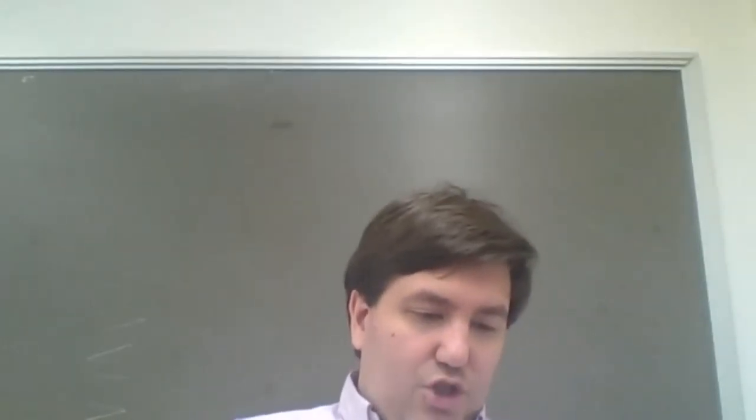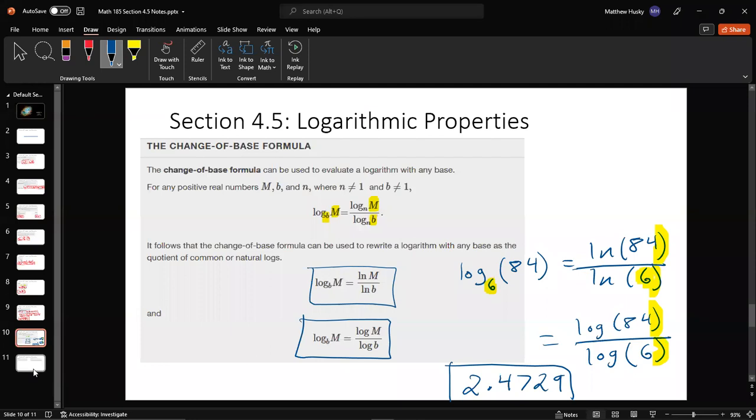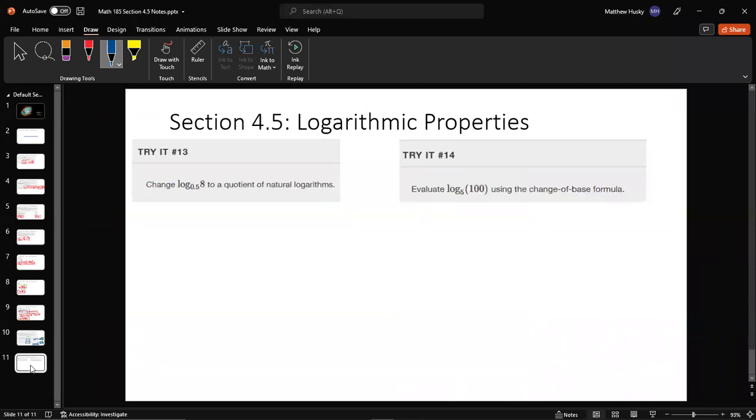Okay, so let's see here. So what do we got? Change log base 0.5 of 8 to a quotient of natural logs. Okay.